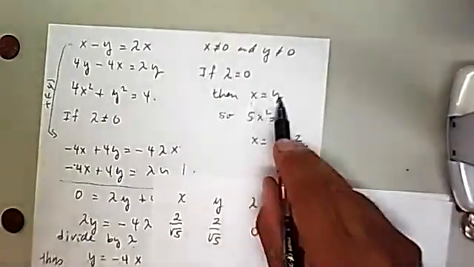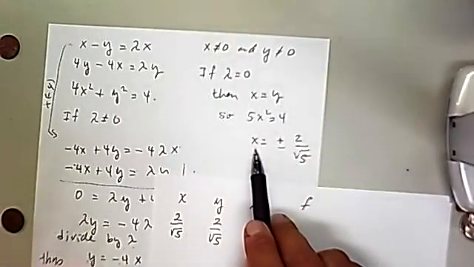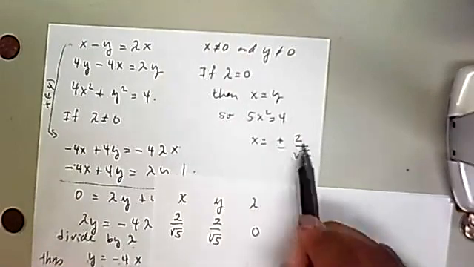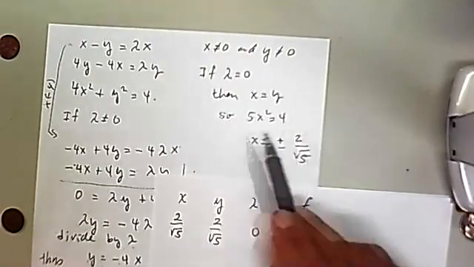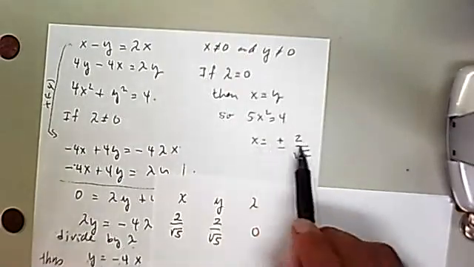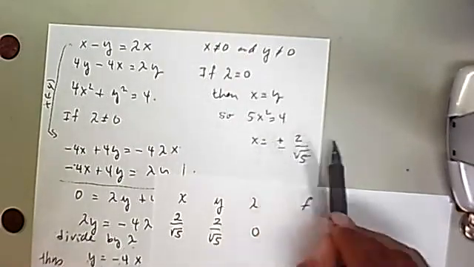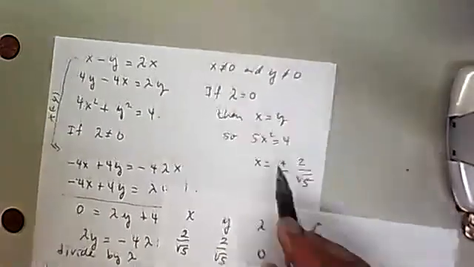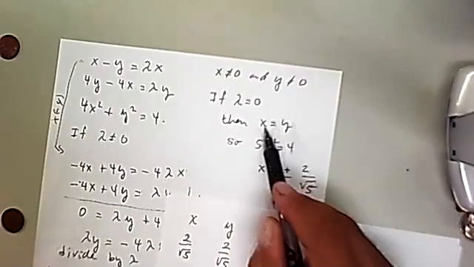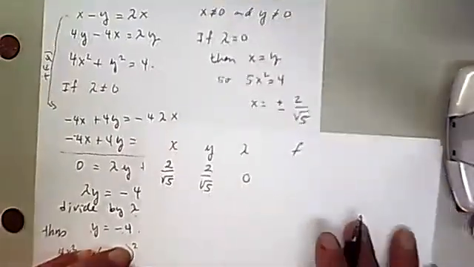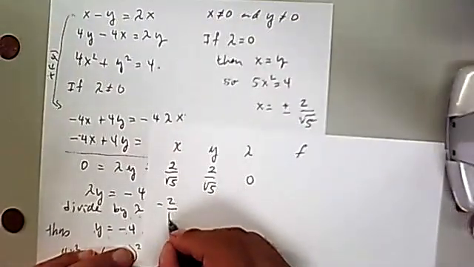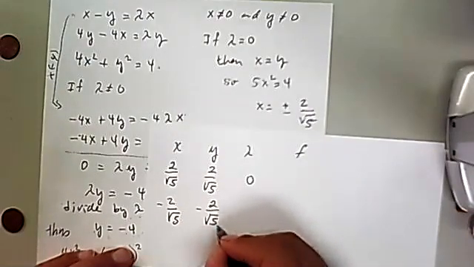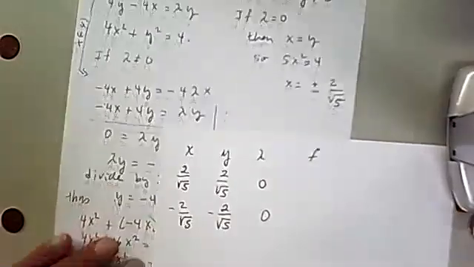By the way, without this, if I only had x equaling this and y equaling plus minus, then I wouldn't know which plus goes with each plus or which minus. We would have to consider all 4 possibilities. But this equation tells us that they have to be the same sign. Negative 2 over square root of 5, negative 2 over square root of 5. Lambda is 0.